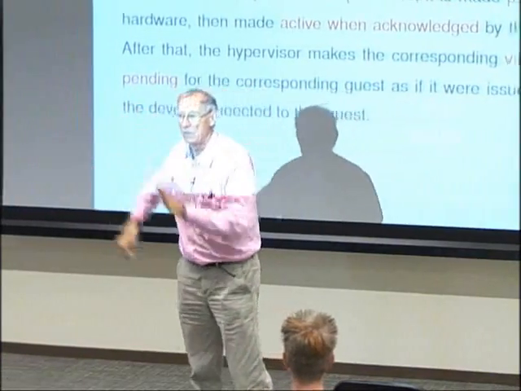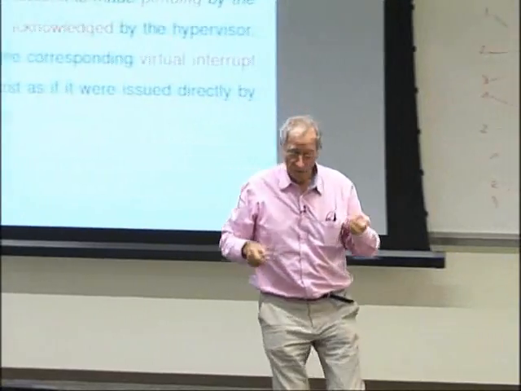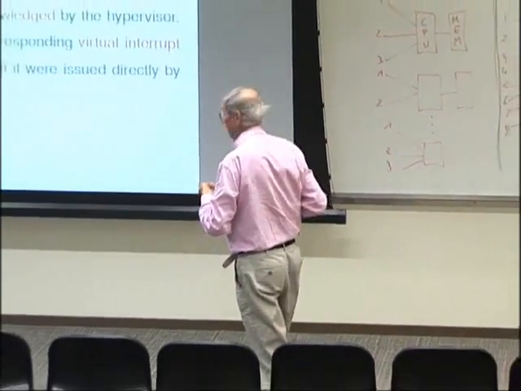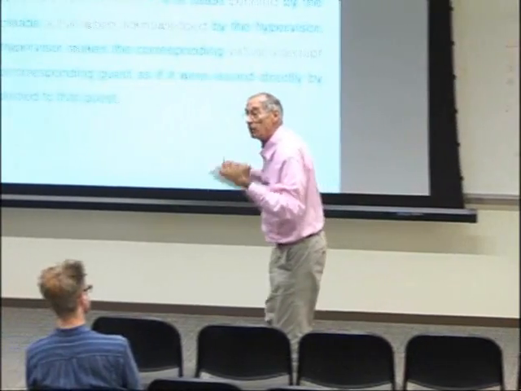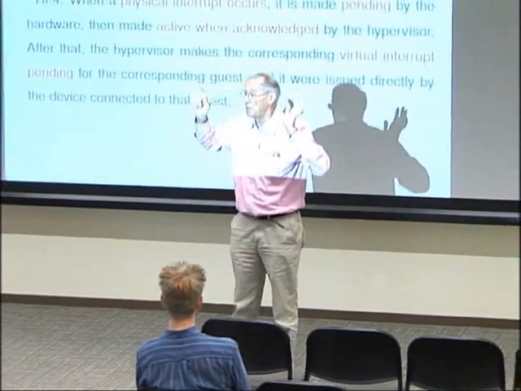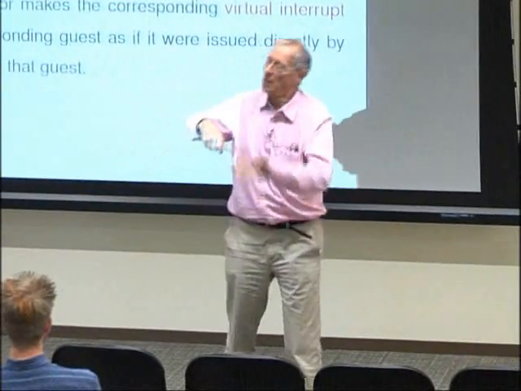It doesn't exist yet. So then the hypervisor looks at whether the guest corresponding to this interrupt is sleeping or not. If it is sleeping, the physical interrupt remains active until later on the hypervisor schedules that guest.